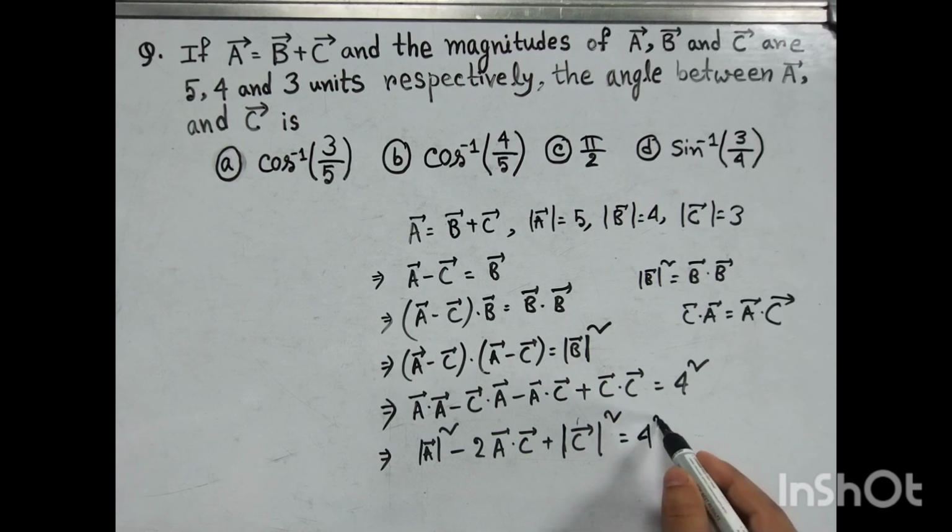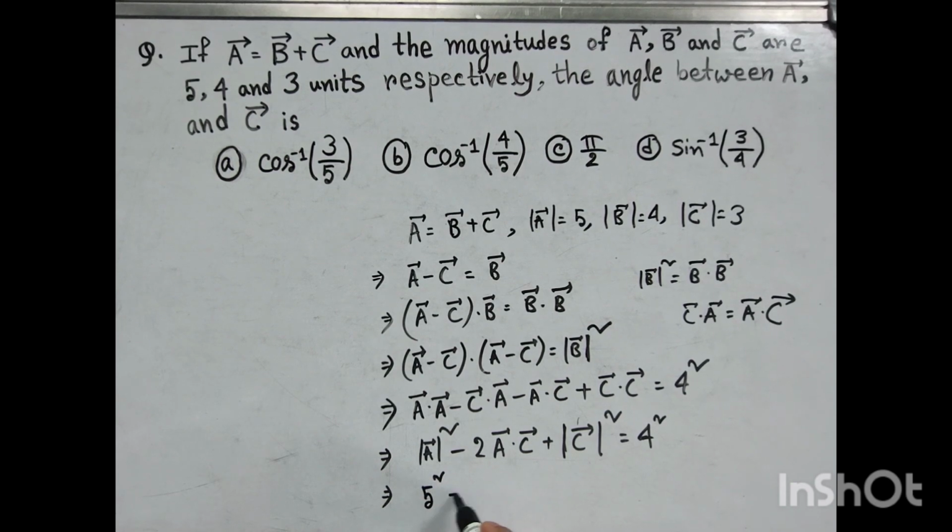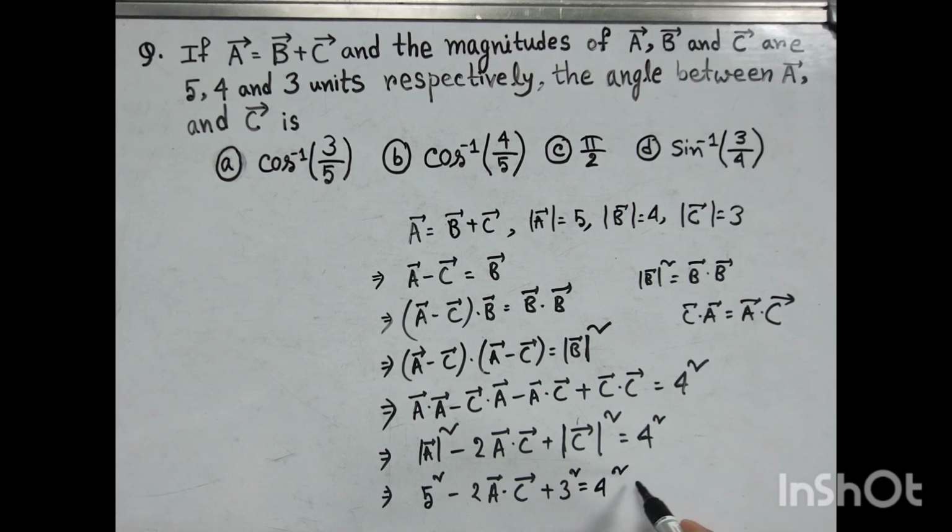equal to 4 square. Now mod a vector is 5, so this will be 5 square minus 2 a vector dot c vector plus mod c vector is 3, so this will be 3 square equal to 4 square.